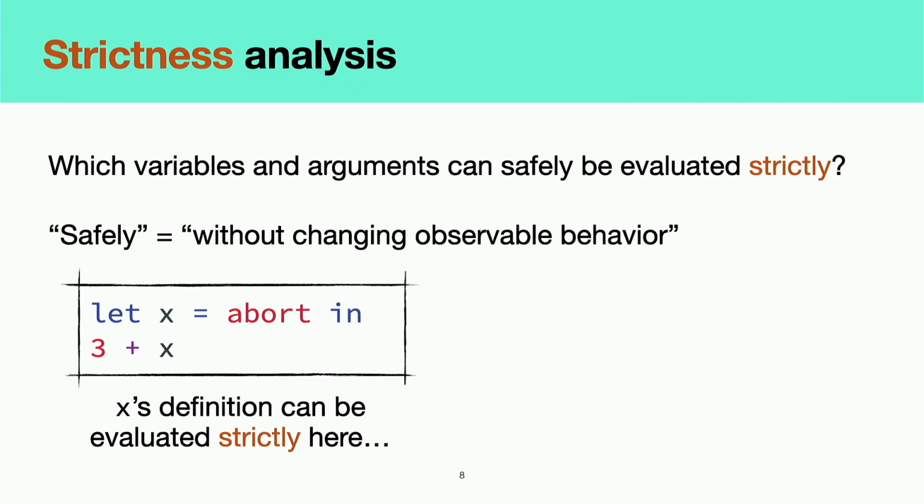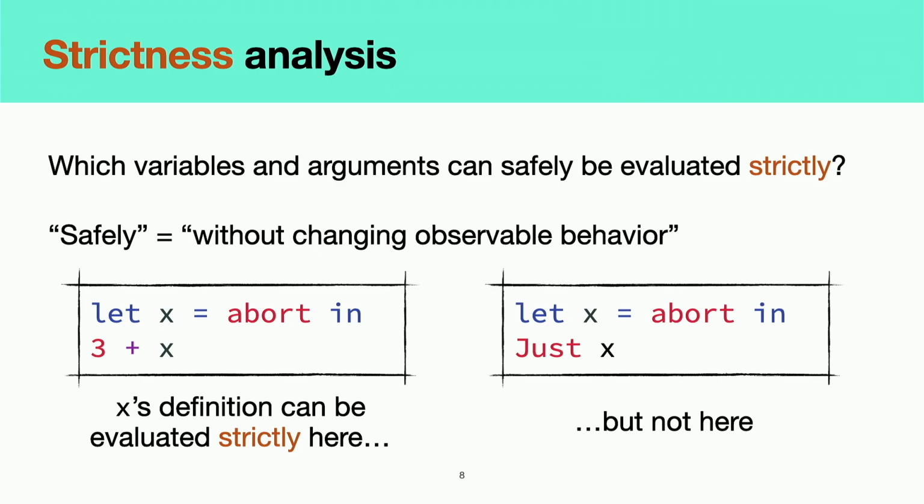This program will evidently fail immediately if we evaluate strictly. We will trigger the abort and fail. However, the program will also fail if evaluated lazily, just later during the addition, because the addition uses x strictly. We will need to evaluate x's contents here, thereby also triggering the abort. This program, therefore, has the same behavior in both a strict and a lazy evaluation.